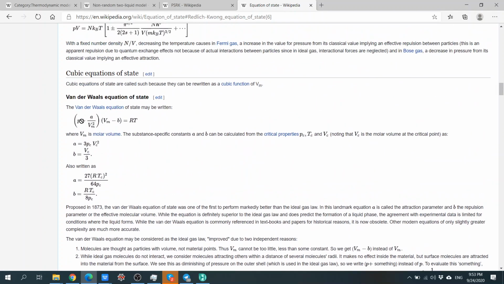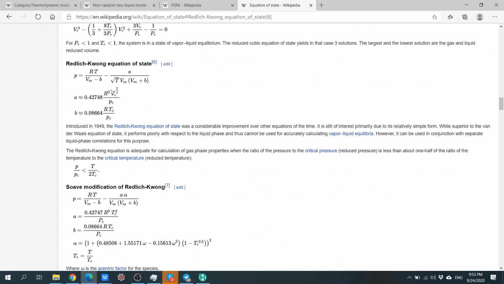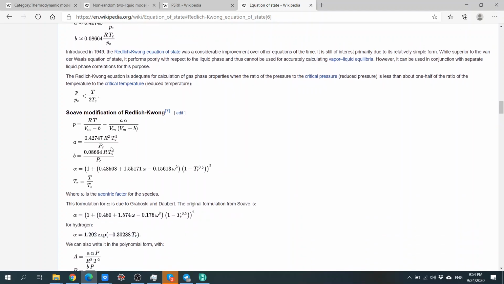You can see this van der Waals is very simple, and these two people made it even more complicated. They still have the correction for the volume, but they have other corrections over here. And then some other guy came, this one, SRK, and they made another correction over here.